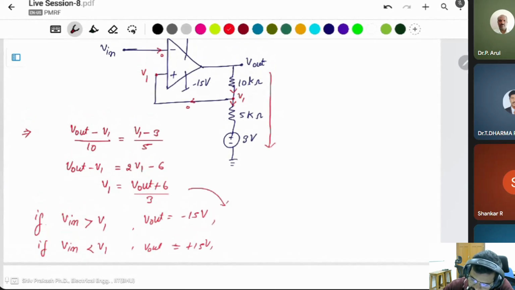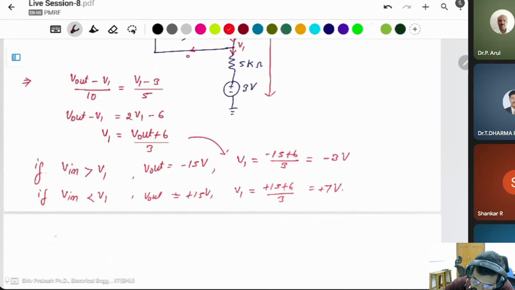Then you can place here what is the threshold voltage of V1 for this one. With minus 15 output, plus 6 divided by 3, this is minus 3 volt. In this case, V1 is plus 15 plus 6 divided by 3, which is plus 7 volt.